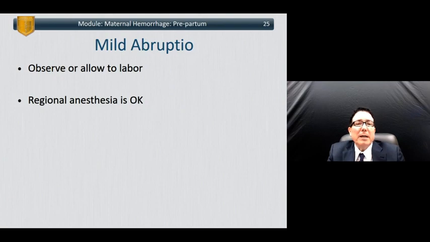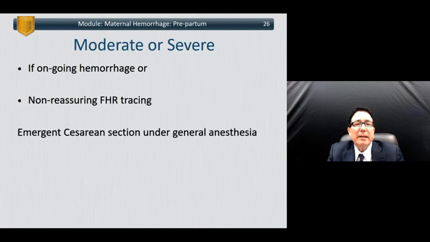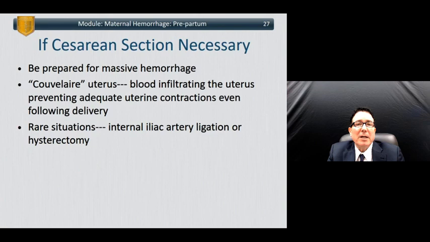With mild abruptio, regional anesthesia is okay, usually not a problem to allow patients to go to labor, but with moderate or severe, especially if there's a non-reassuring fetal heart rate tracing, obstetricians will usually declare an emergent cesarean section, usually under general anesthesia. Be prepared for massive hemorrhage, the so-called Couvelaire uterus, which is blood infiltrating the uterus, preventing adequate uterine contractions even following delivery.